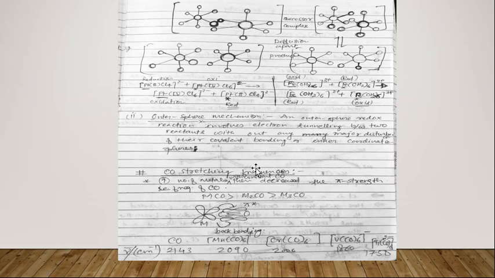First, I will discuss the CO stretching frequency. This is also a very important point, and a lot of questions from it have been asked in CSIR NET and GATE exams. The examiner asks what is the order of CO stretching frequency.